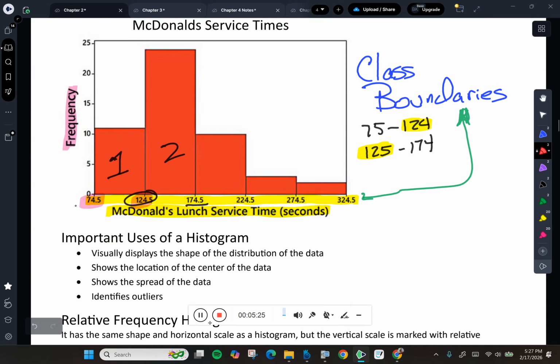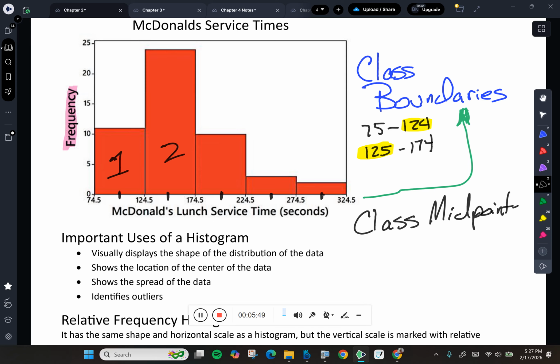The other way that we can label that horizontal axis, if you don't like class boundaries, is to label the middle of each of these by finding the midpoint of each class. So, the class midpoints. Class midpoints are nice because there's actually a formula for that: the lower class limit plus the upper class limit, divided by 2.